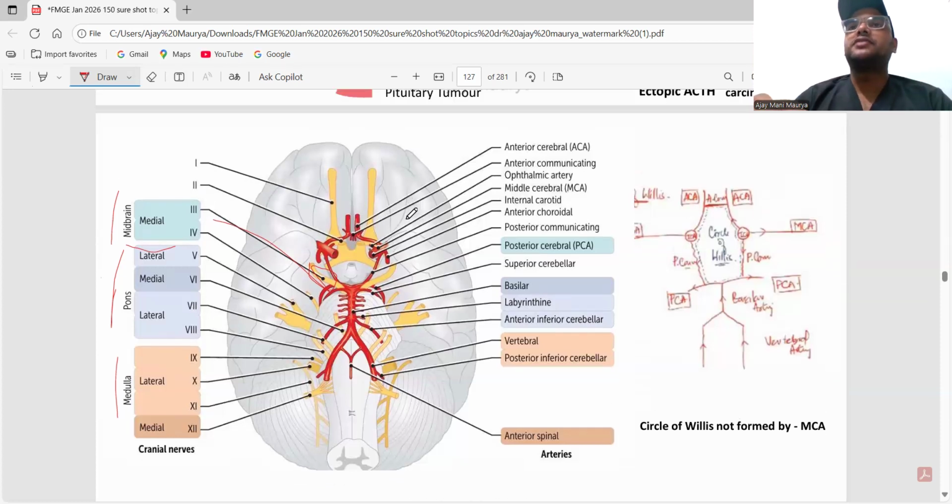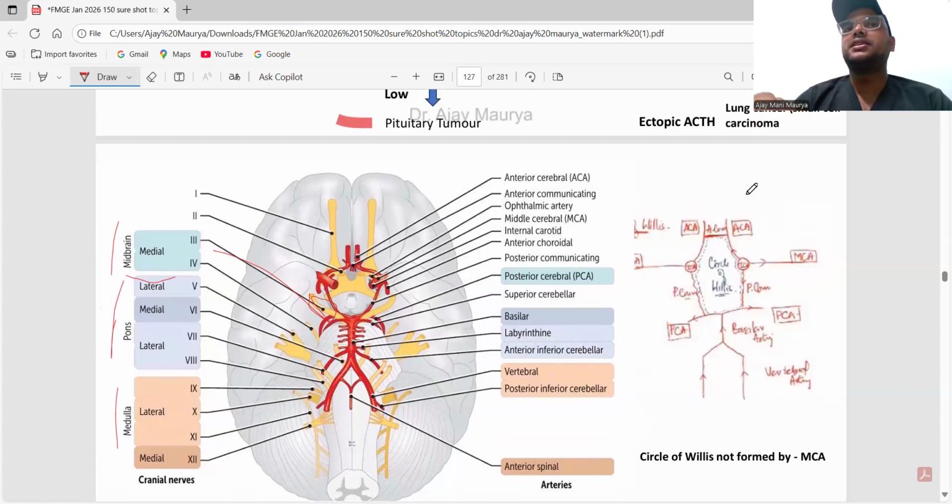Next one, this is the example, guys. This is the circle of Willis. These are the two vertebral arteries joining to form the basilar artery, and this forms the posterior cerebral artery. This is the middle cerebral artery, anterior cerebral artery.